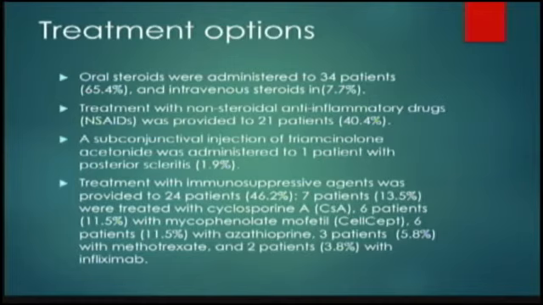Immunosuppression was also initiated in some cases. It was needed in 46%, and among them the cyclosporin A was in 13%, CellCept was in 11%.